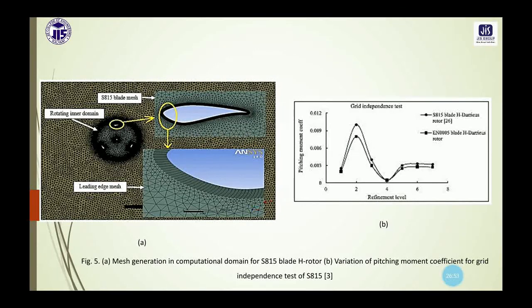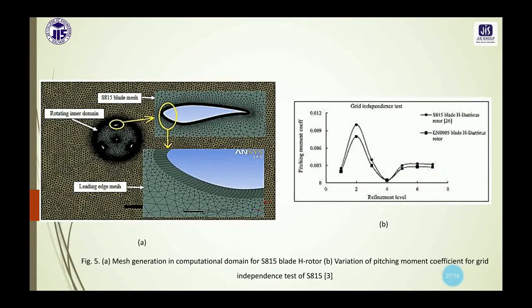Now, in figure 5b, we can see one grid independence test. This grid independence test is very much necessary to get an accurate result. Here the grid independence test is done with respect to the pitching moment coefficient.